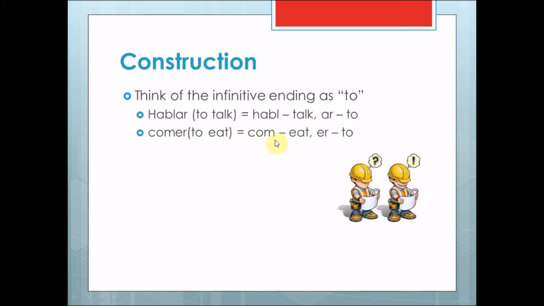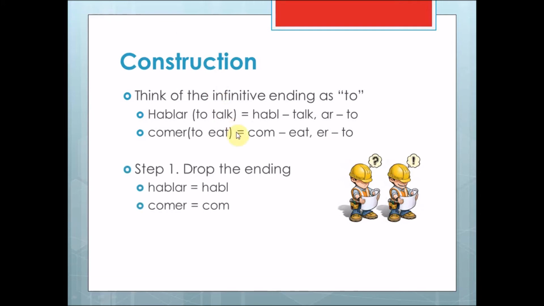Comer, to eat. Com would be the eat part. The ER at the end would be the to part. That's not a literal proper way to explain it. So that's why, again, if this doesn't help, don't worry about it. I would never test in this manner because this is not a completely correct way of saying it.